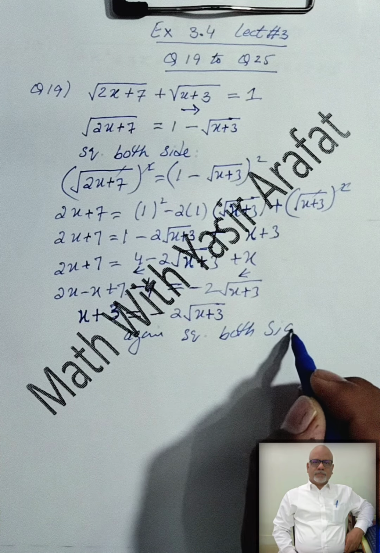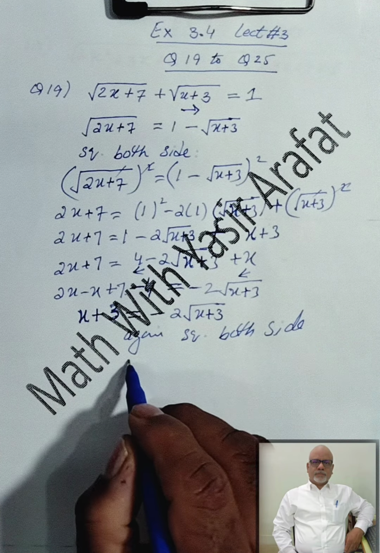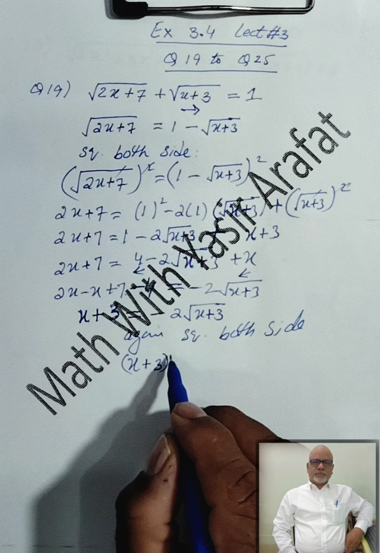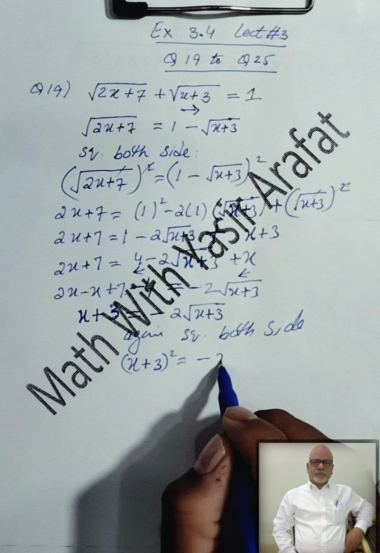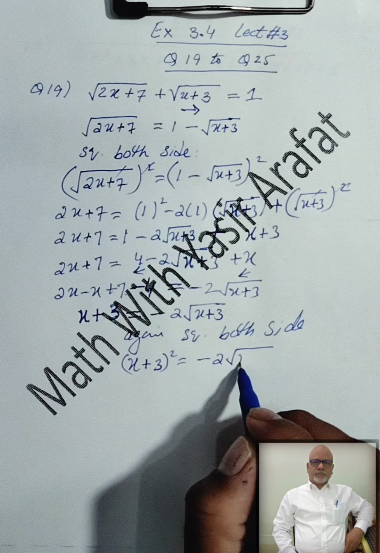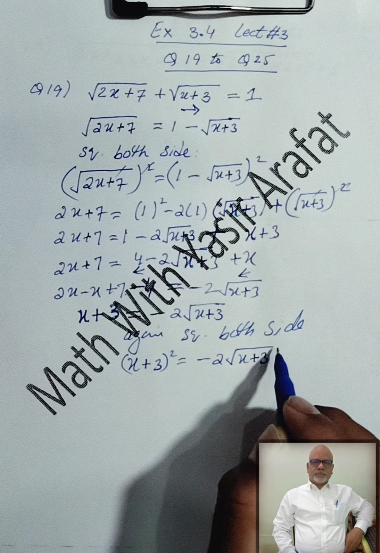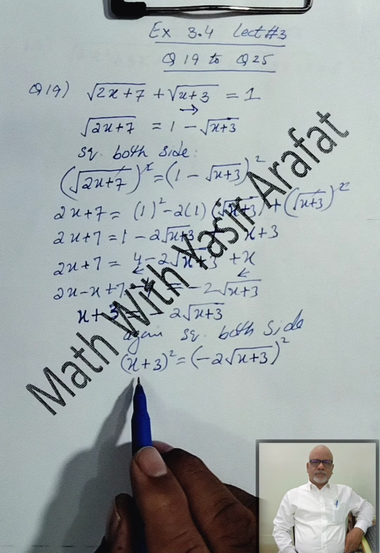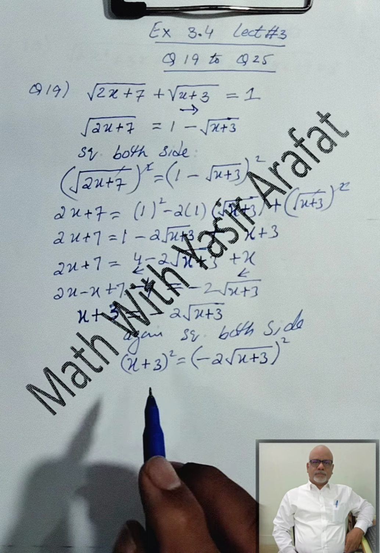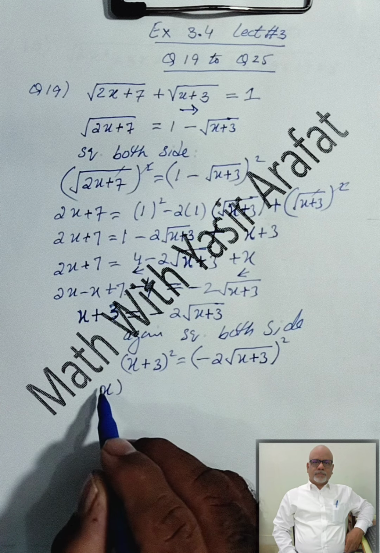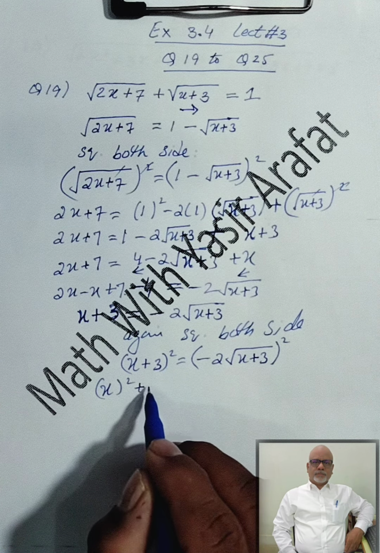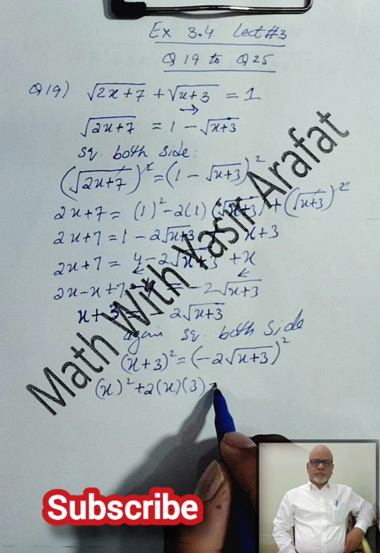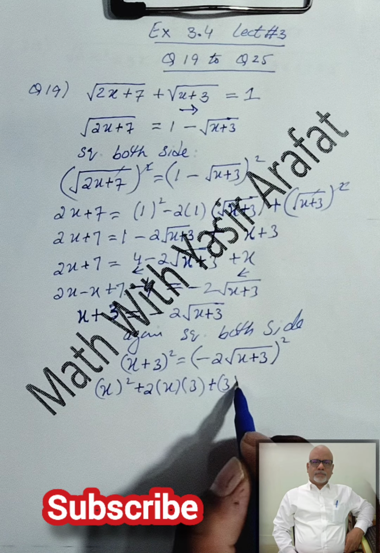Both sides, and this is x plus 3 to the whole square, minus 2 radical x plus 3 to the whole square. Now here again we have to apply the formula a plus b to the whole square, that is a square plus 2ab plus b square.